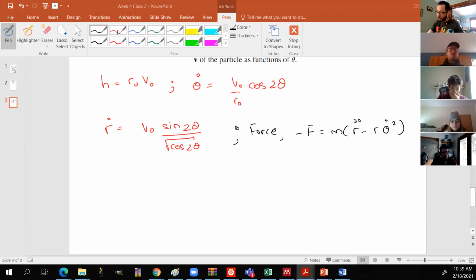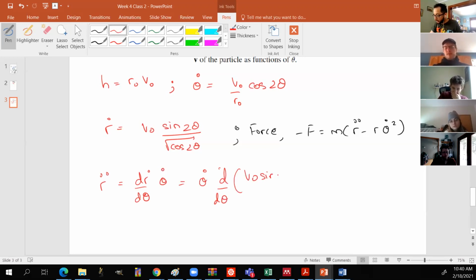Okay, so to find R double dot, skipping a few steps, you guys should be experts at this by this point, this can be written as d r dot over d theta times theta dot, right? So basically you have theta dot times the differential with respect to theta of your R dot, which is V naught sine 2 theta divided by the square root of cosine 2 theta.